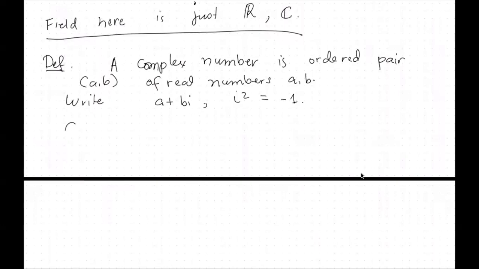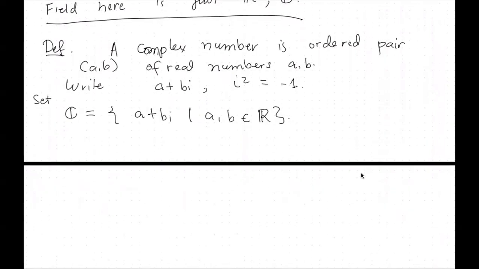Let us set C to be the collection of all complex numbers, where a and b here are reals. This is the set of all complex numbers. We have addition defined on complex numbers as follows.